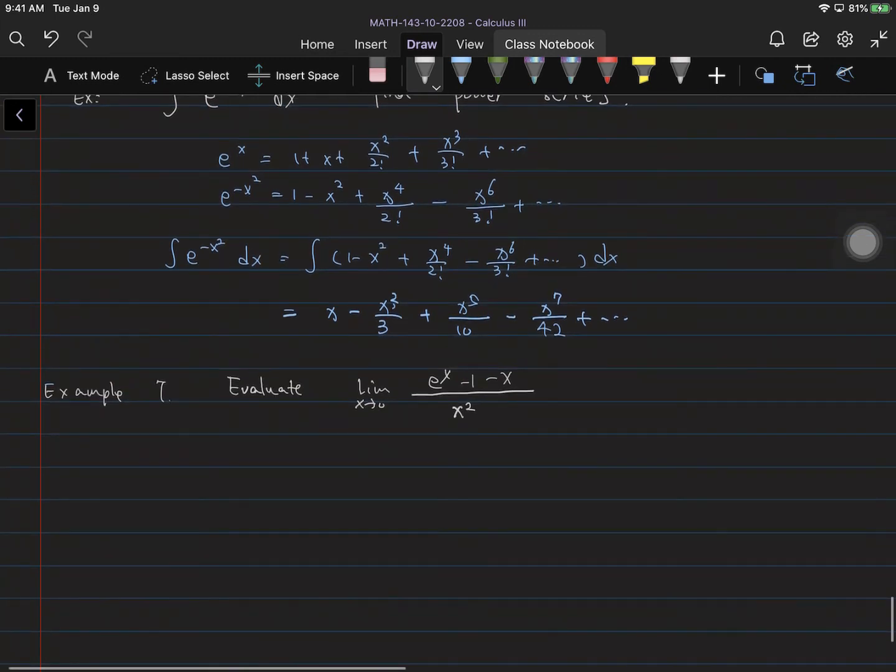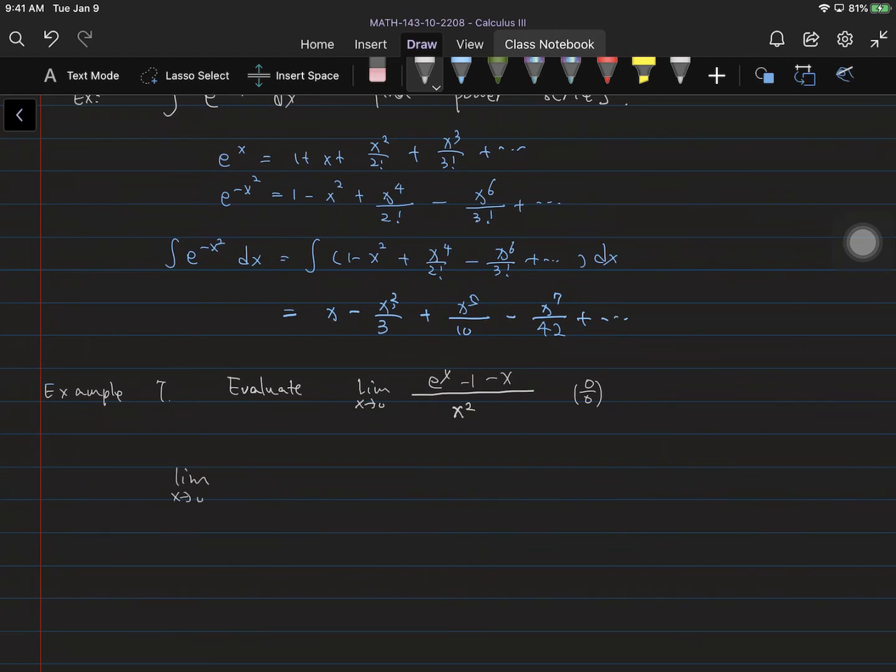Okay, look at this. This is a 0 over 0 type. We can use L'Hopital's rule to find the limit, but here I want to show you how to use Taylor series to find this limit, because we may have some other very complicated functions. Sometimes maybe Taylor series is better. So let's take a look.